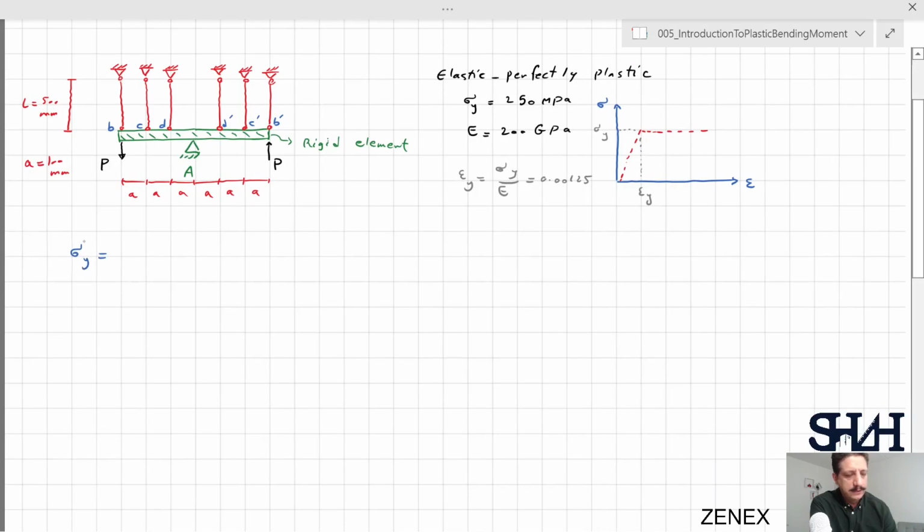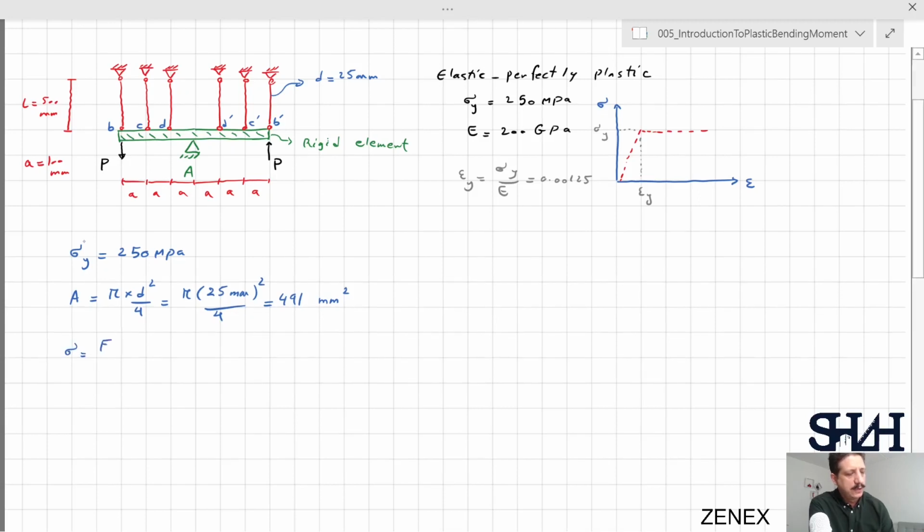Sigma y is 250 megapascal, and let's assume that the rods are with the diameter of 25 millimeter. Area of the element will be pi d squared divided by 4, pi 25 millimeter square divided by 4, 491 square millimeter.